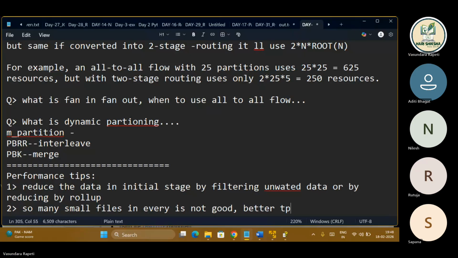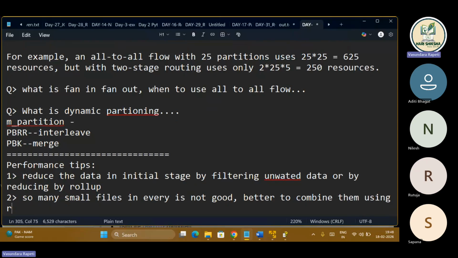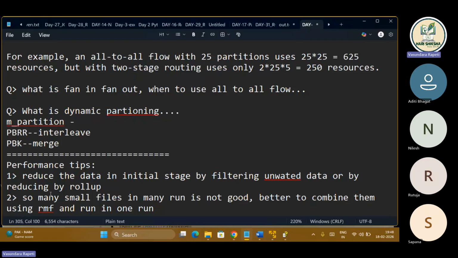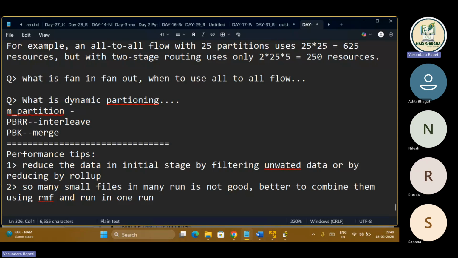Better to combine them using RMF and run in one run. Many runs of small files versus a moderate file in a single run.